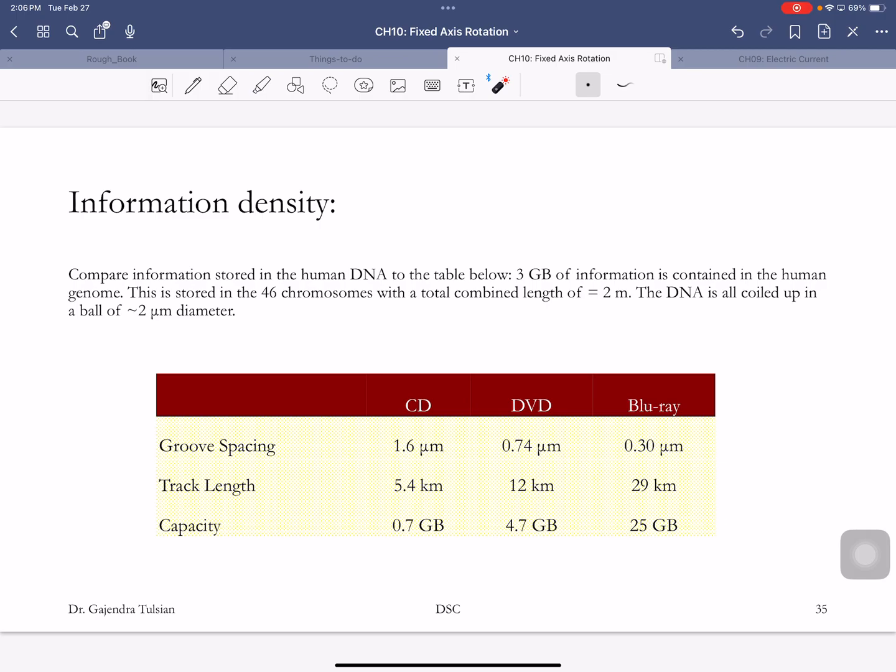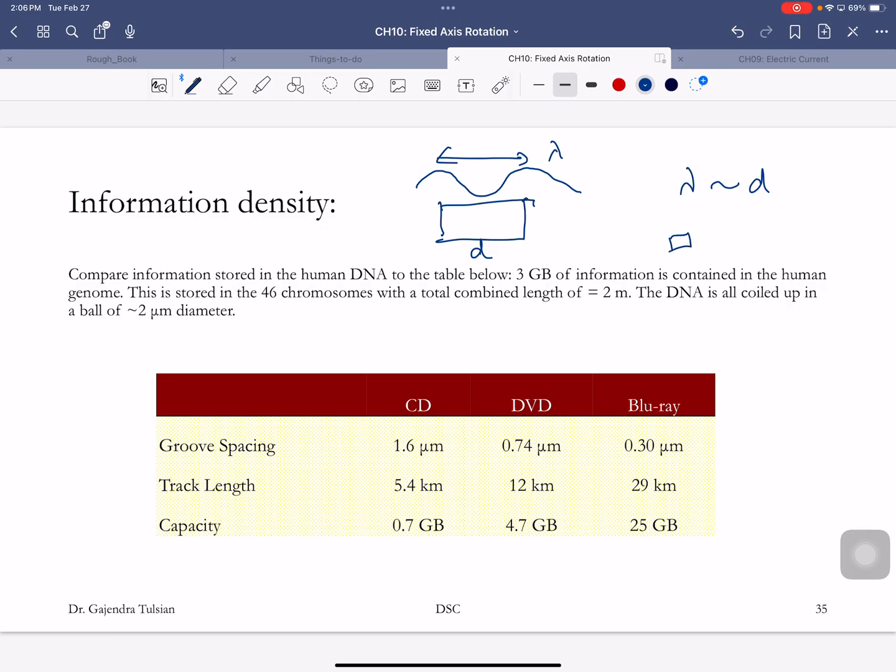Well, manufacturing methods improved, but also here's the fact. You're using a laser, this is the wavelength of the laser. If you use this wavelength, the smallest object you can read is the size of the wavelength. So now if you want to read a smaller object, what do you have to do?